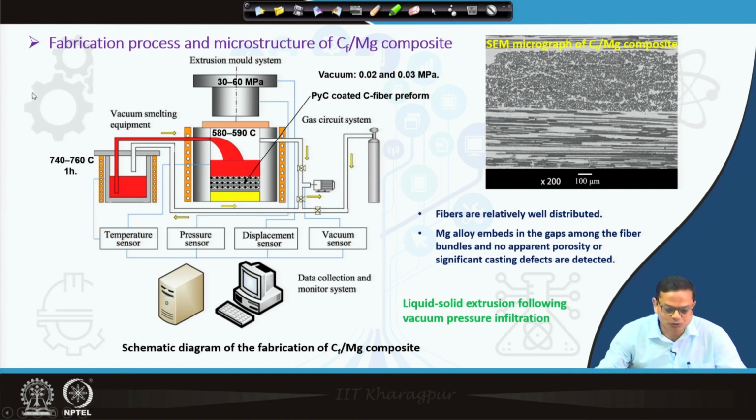So, now you can see the liquid goes here. The moment it enters the chamber, the temperature maintained in this chamber is lower than the melting point. That means, once the liquid molten metal enters this chamber, the temperature is lowered and it becomes semi liquid.